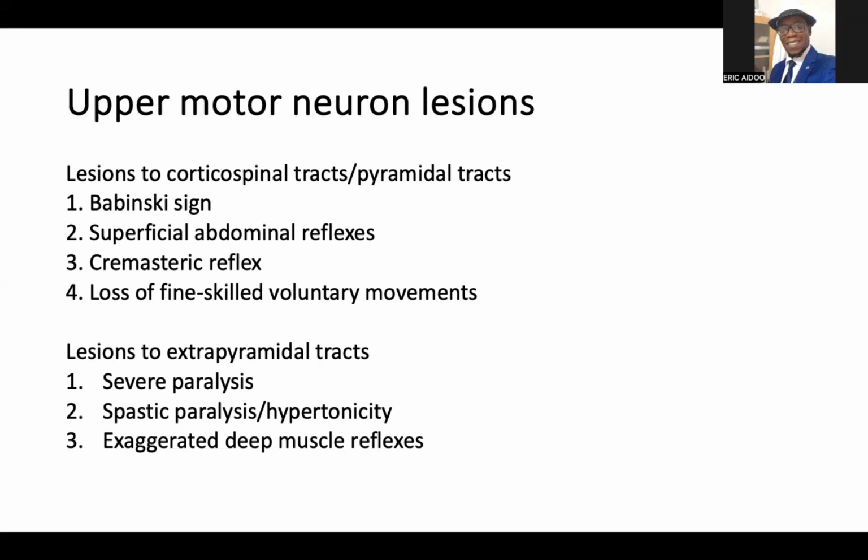Then lesions to extrapyramidal tracts: you have severe spastic paralysis, hypertonicity, exaggerated deep muscle reflexes. All these are examples of lesions to extrapyramidal tracts.